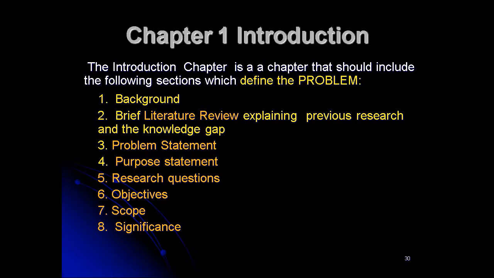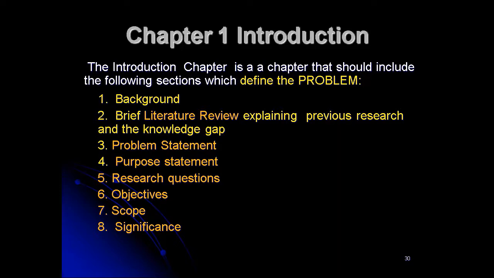This particularly should, if you remember the inverted pyramid, be the top of the pyramid. Maybe you talk about global warming, maybe you talk about flooding, maybe you talk about hunger, maybe about water security, food security, all this background, very general.